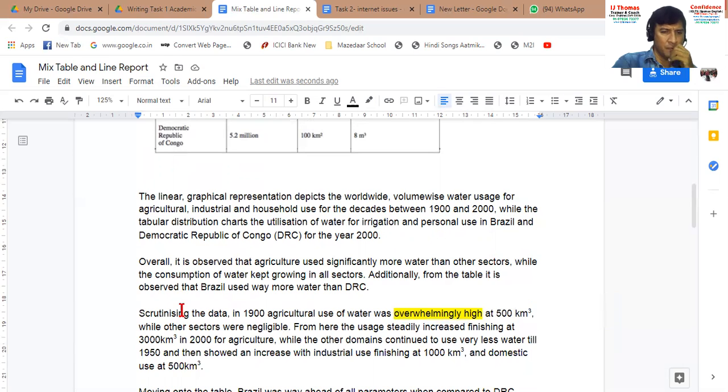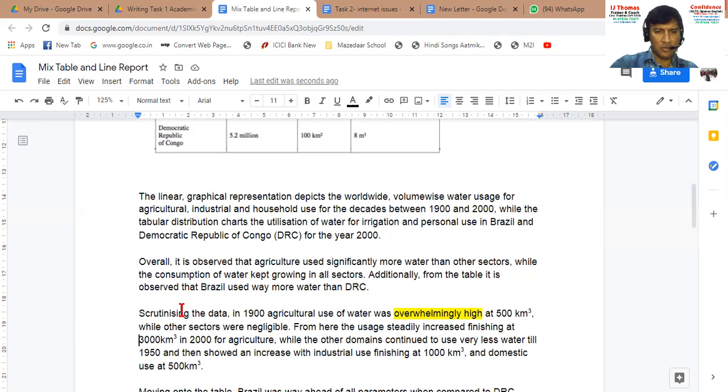While other domains continued to use very little water till 1950, and then showed an increase, with industrial use finishing at 1000 cubic kilometer and domestic use at 500 cubic kilometer.